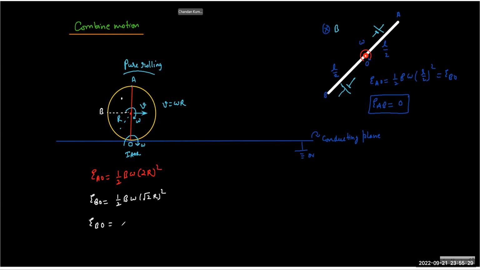So I will take EBA, and the answer will be 4 minus 2, which is 2, right? 2 by 2 is 1. Yes. Which is the same as B omega R square, right? Yes, sir. Okay.